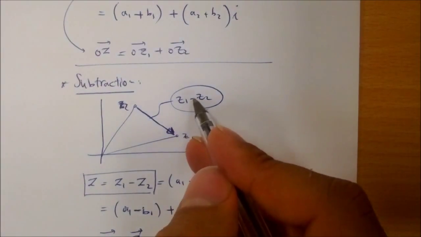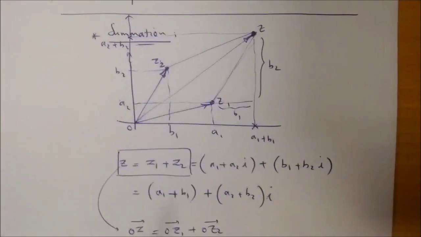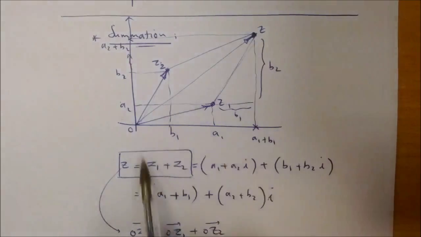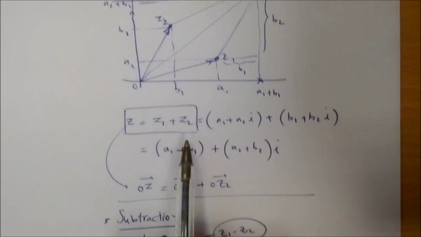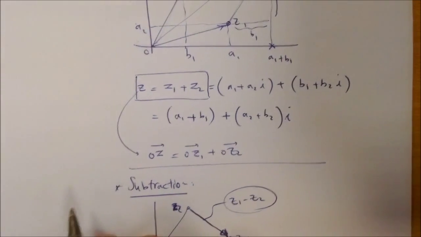So the subtraction is the same as the subtraction of vectors, and the summation of complex numbers is as the summation of the vectors.